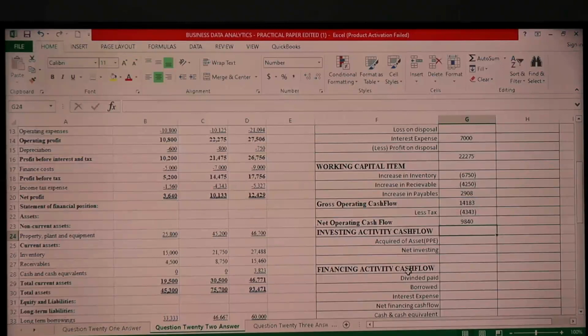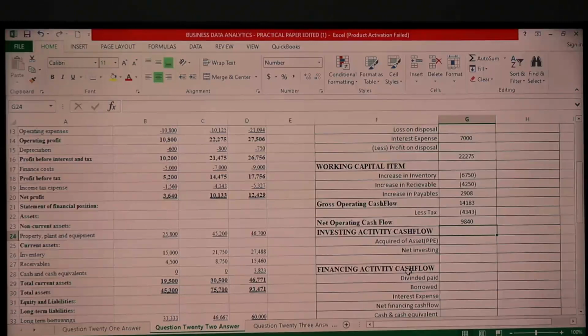And here we are given the acquired of assets. So who can give us how to get the acquired of assets? You use the cell address to give us the acquired of asset.